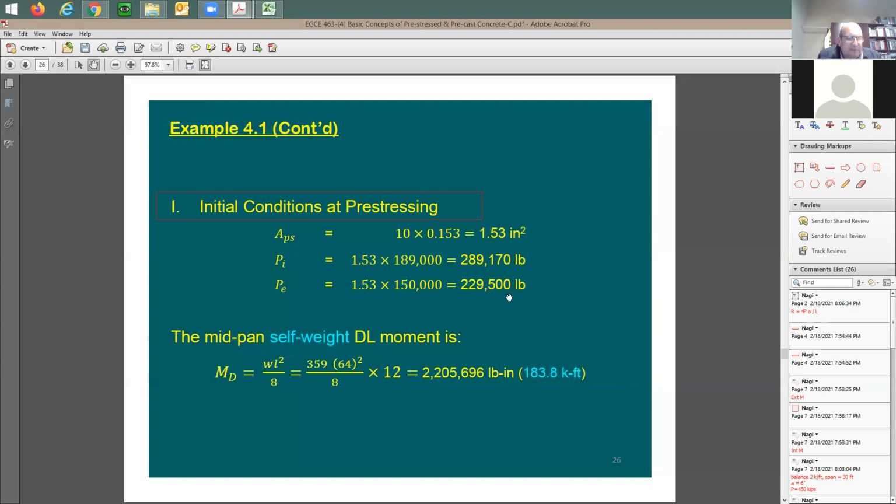Now this gave me the force for 10 strands, which means at the end of the day, if you'd like to use this and put the strand in use, the effective force is going to be 22.95 kips per strand. Each strand is going to be taking this number, and this number is easy to remember. I know it by heart. It's about 23 kips. This is the way I would think about it.